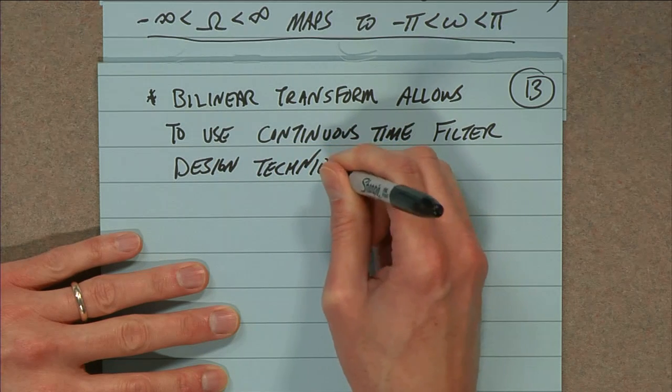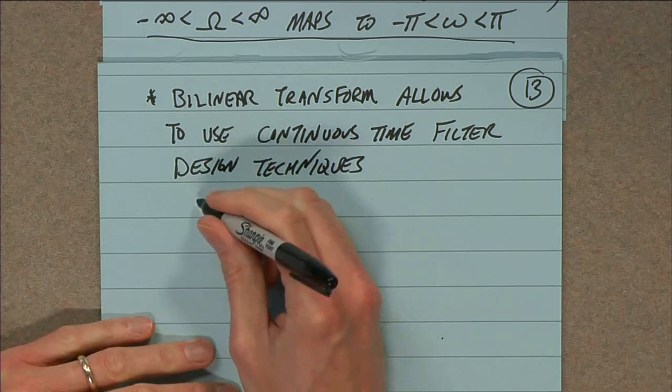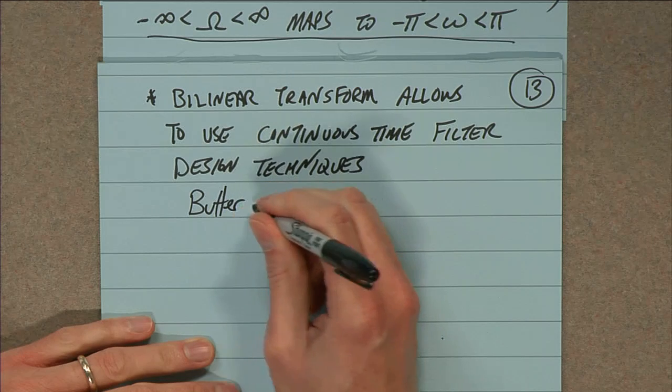And that might not seem like such a big payoff if you're unfamiliar with the literature, but if you look at it, I mean, when did the Butterworth filter paper get published?